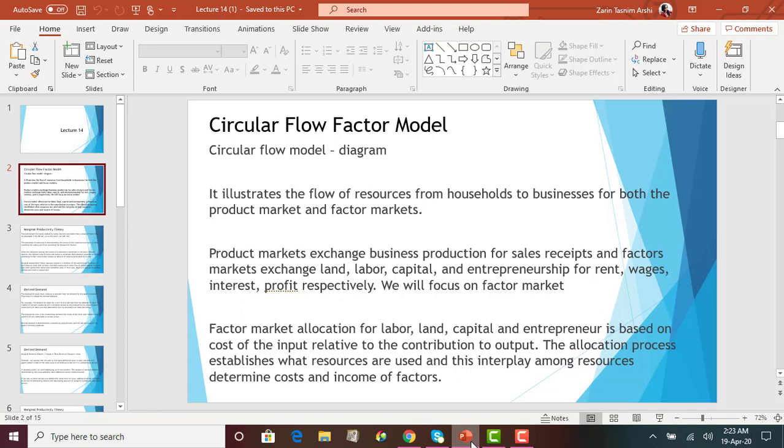Since labor contributes 60%, their income will be higher compared to capital owners' income, because they only contribute 20%. That's what it's trying to say. Market allocation causes the distribution of income based on the contribution level and the input cost.